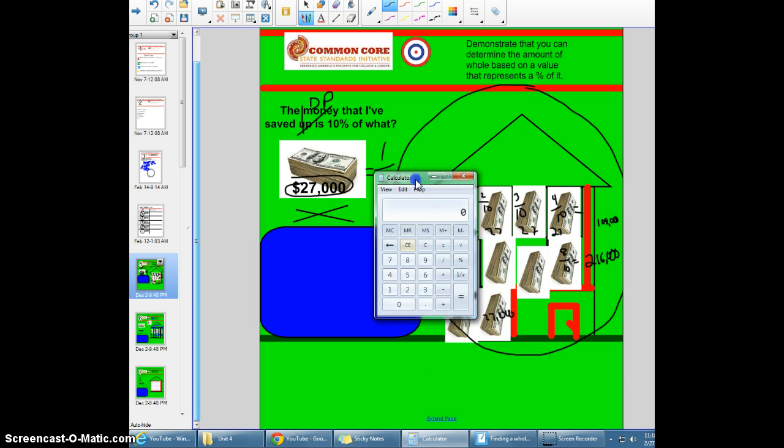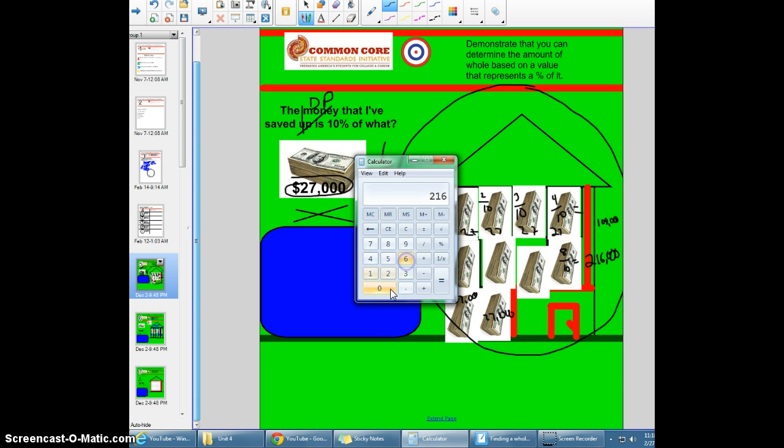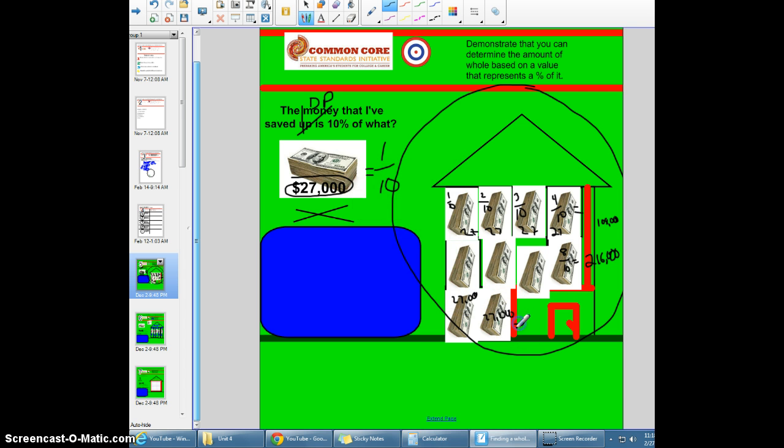If you don't believe me, I'll show you on the calculator. 216,000 plus 27,000 is equal to 243,000. That's 9/10. And plus the last 10th over here, plus another 27,000, is equal to $270,000. This was one way to solve a problem like this. In the next video, I'm going to show you another way that involves algebra. Stay tuned.